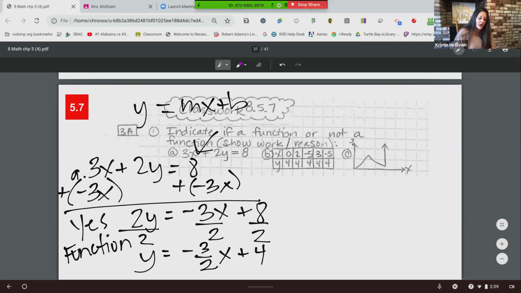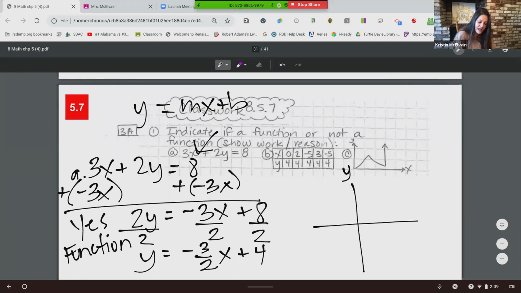Okay. All right, so now for B, looking at this, I see the same y with a whole bunch of different x's. So I know one of our things is looking at how many inputs for how many outputs. So just to give you a visual, what if we were to graph this? Here we have an XY table.